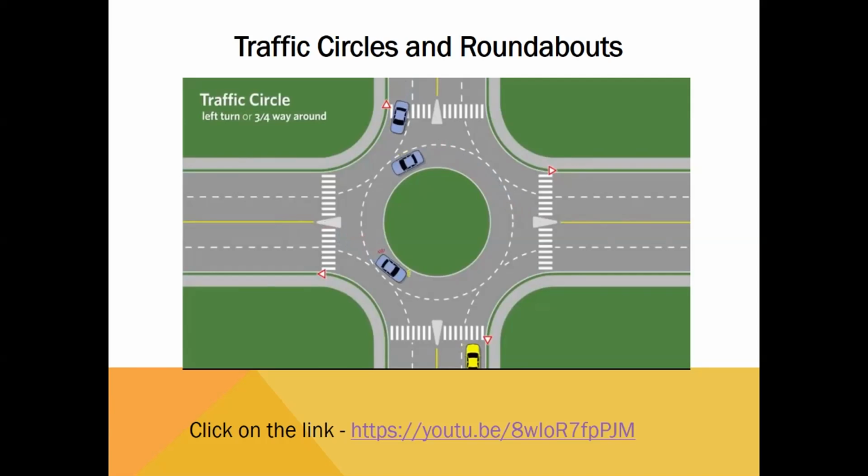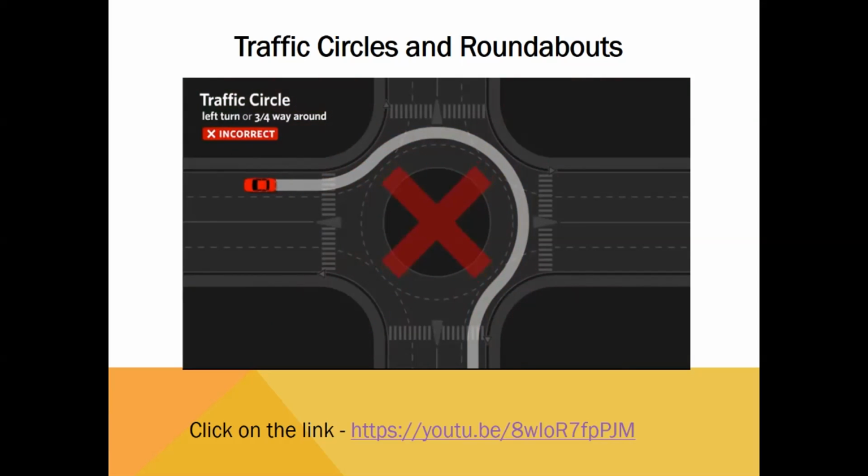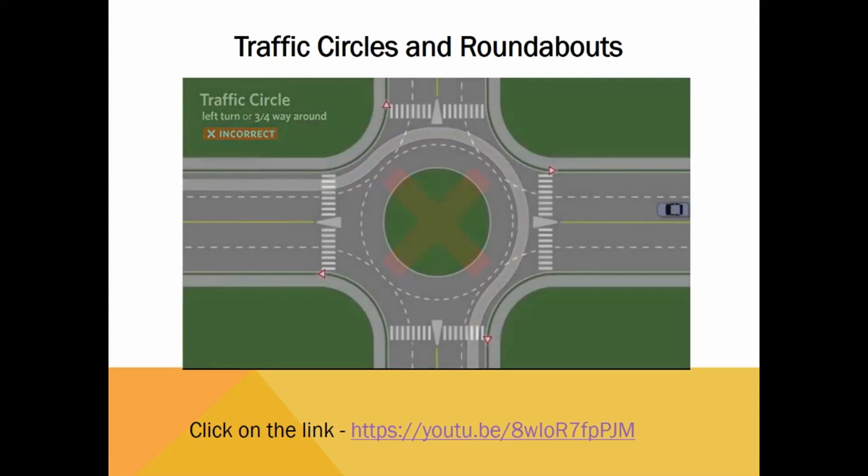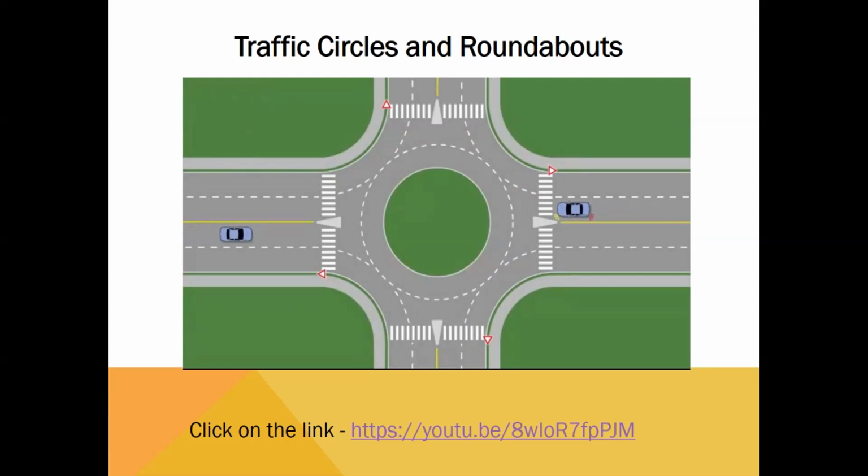For a 3/4 of the way around, it's unsafe to enter or proceed around the circle from the right or outside lane. Another mistake is to change lanes in the traffic circle. When you enter from the left or inside lane, do not change lanes in the circle and exit in the right or outside lane.